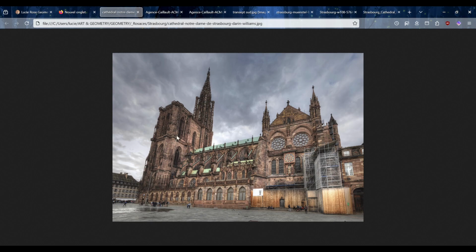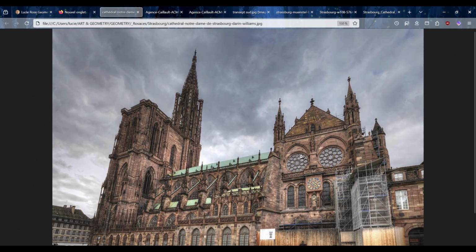So you see the facade is there, and this is the north side, I believe, and you have those two little but probably actually quite big windows, and they are the same shape, but they're just orientated differently. I'm going to show them closer in a second.